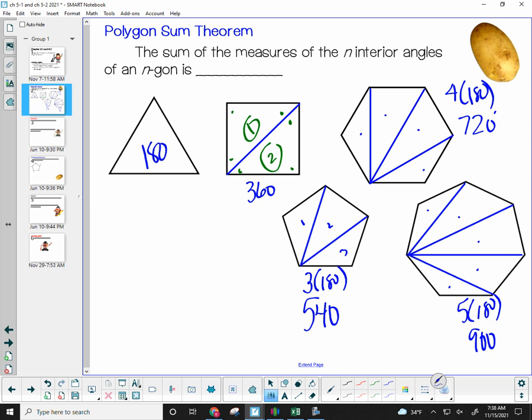Okay, so I don't want to have to draw this out every time or memorize those necessarily. I mean, some of them are probably good to know and you'll start to memorize them. But is there a pattern here to how this works? Anybody see a pattern?